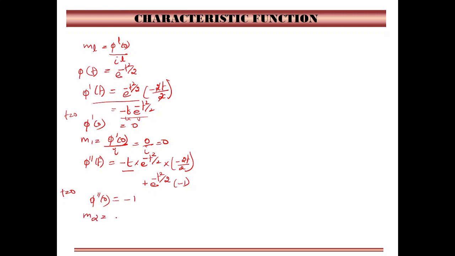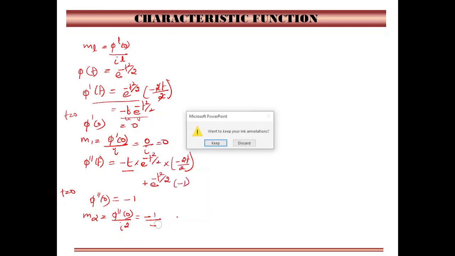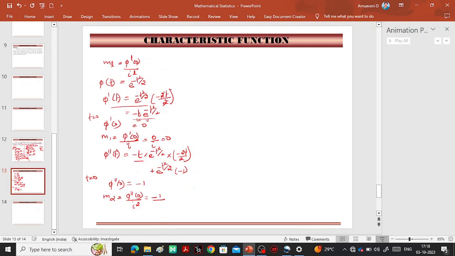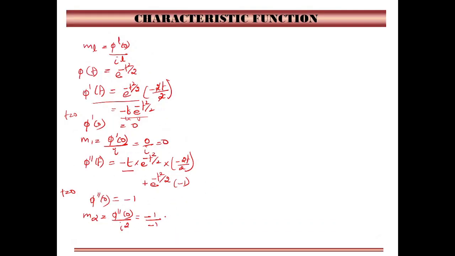So m2 is equal to phi double dash of 0 by i squared, which is equal to minus 1 by minus 1. This is equal to plus 1.